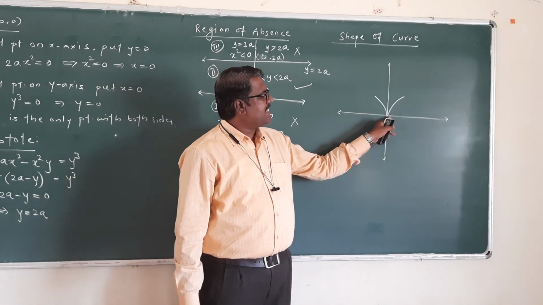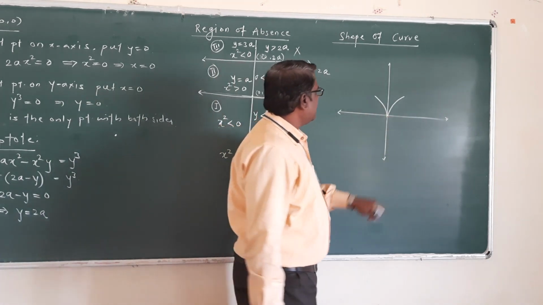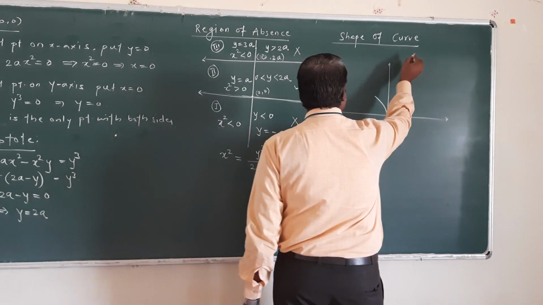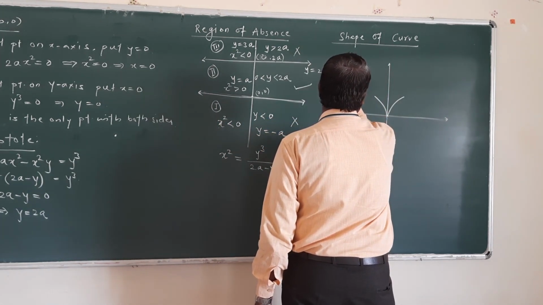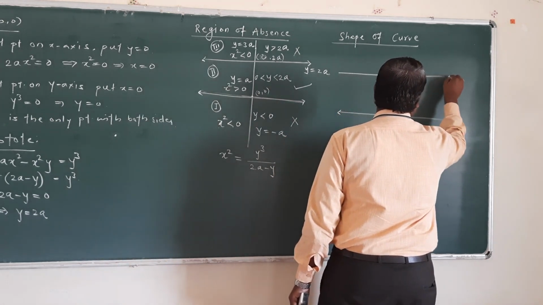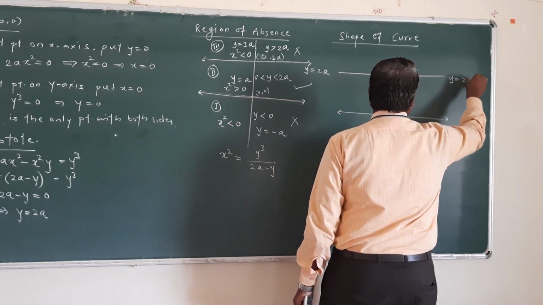The fourth point is the asymptote. Yes, the asymptote is present, and what is that asymptote? y is equal to 2a. So I will draw the line y is equal to 2a, and this is the asymptote.